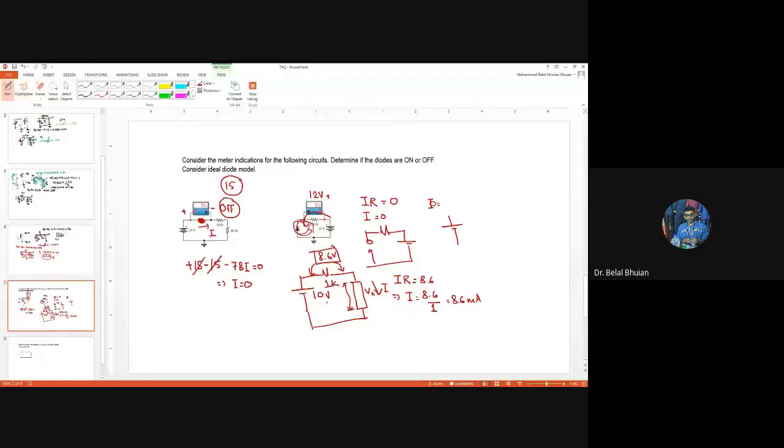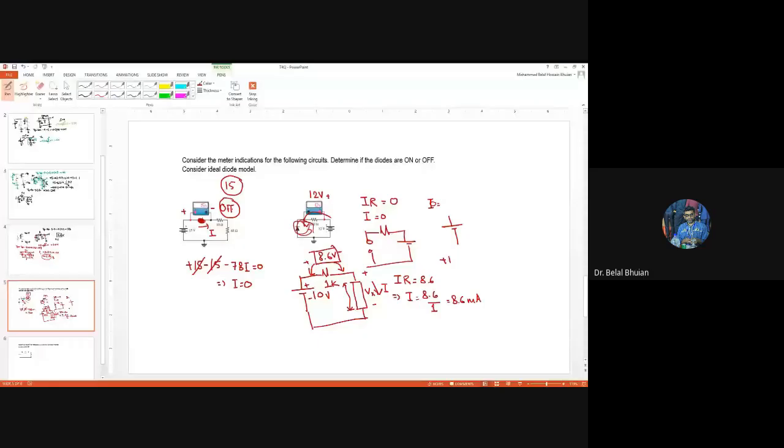So we can find out if we apply KVL. Plus 10 minus 8.6 minus Vx is equal to 0. So that gives us Vx equal to 1.4. So what does 1.4 actually mean? It is 0.7 plus 0.7, two silicon diodes.